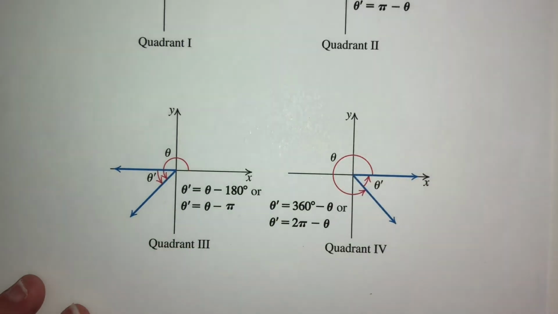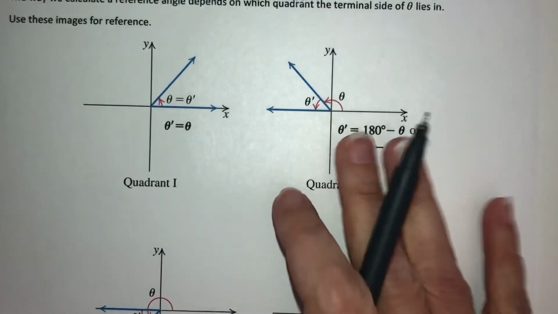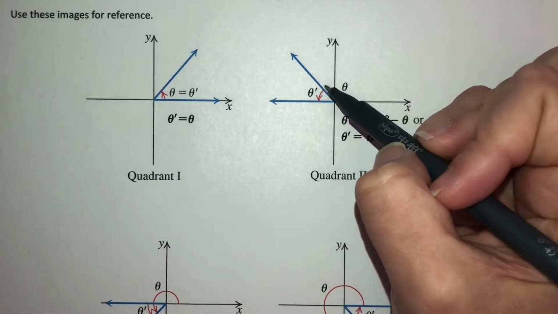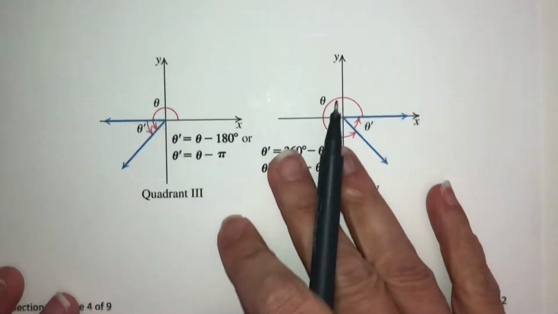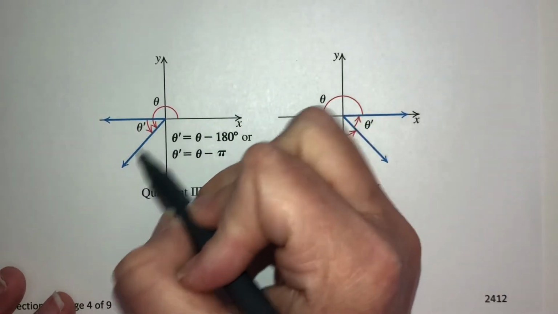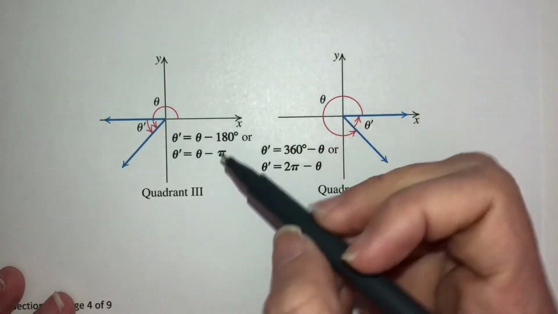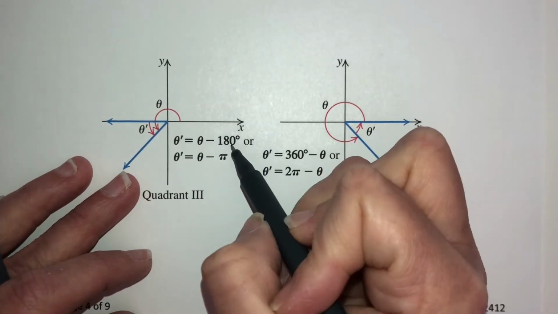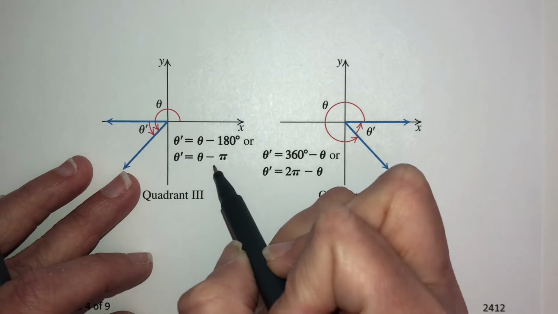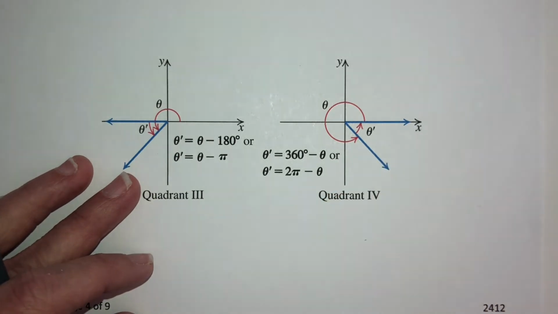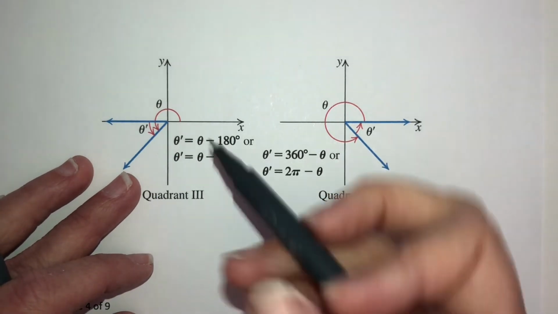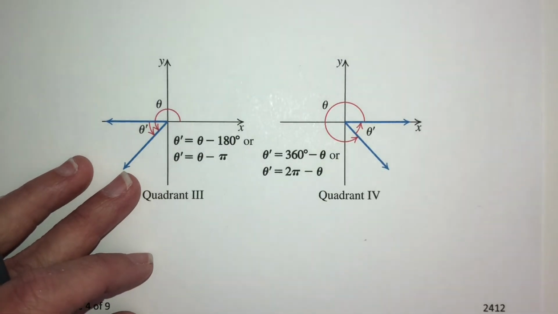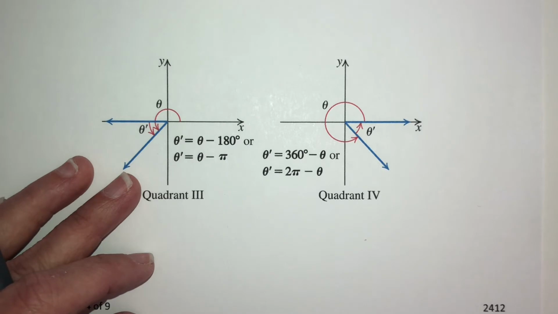So we're just going to be subtracting in numerical order, in the order that makes the most sense, just like here. Here we took our larger angle and subtracted our smaller. Here we take our larger angle and subtract the smaller. So our theta is going to be larger than 180, or larger than pi, depending on whether we are in degrees or radians. So we calculate the subtraction in this order to find our reference angle.